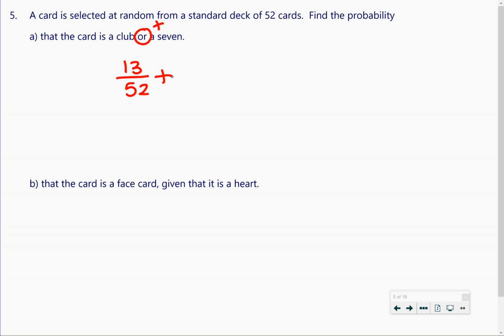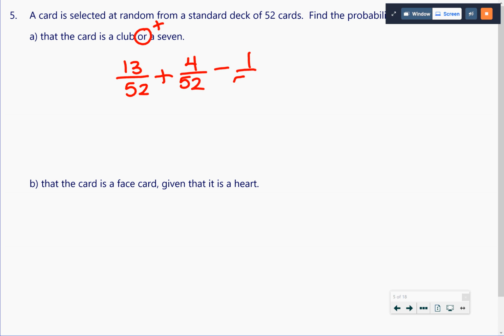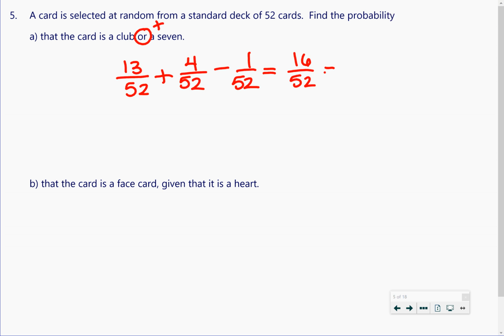Plus, how many 7s are in the deck? 4 out of 52. Is there any overlap between the two? Yes, there is one card that is a 7 of clubs. So minus 1 over 52. We always subtract the overlap. So that's 17 minus 1, 16 out of 52, which is a probability of 0.308.